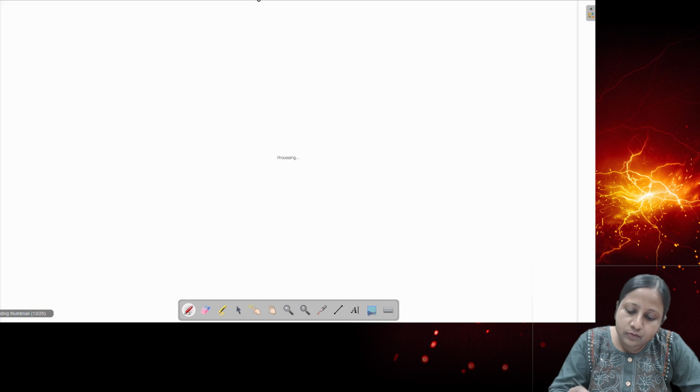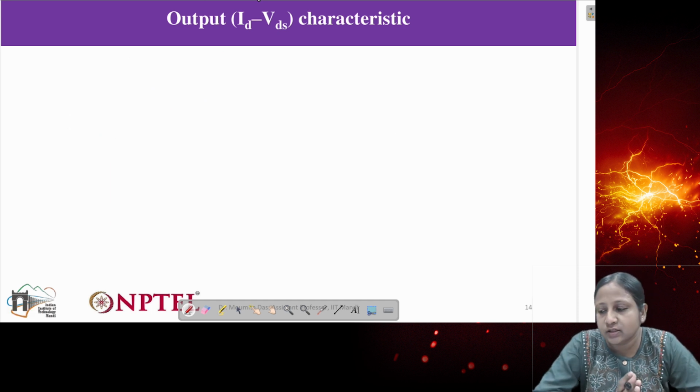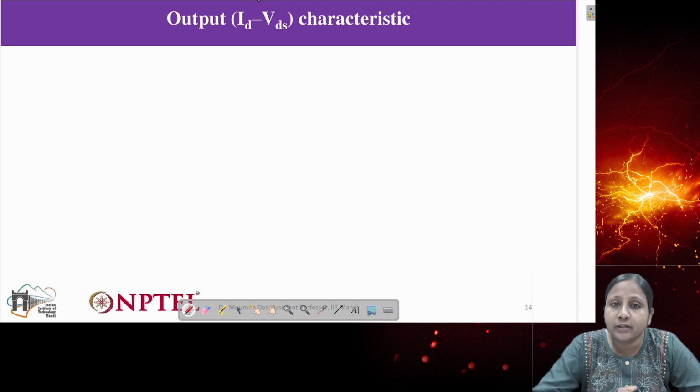Now, in these two conditions, temperature was a constant parameter. But for any application, temperature may not be constant all the time. Actually, it is not constant. Temperature will also vary, and if for a certain application we need to see the characteristics of the device at different temperature levels, then we have to see the data sheet where the temperature-related characteristics are provided.